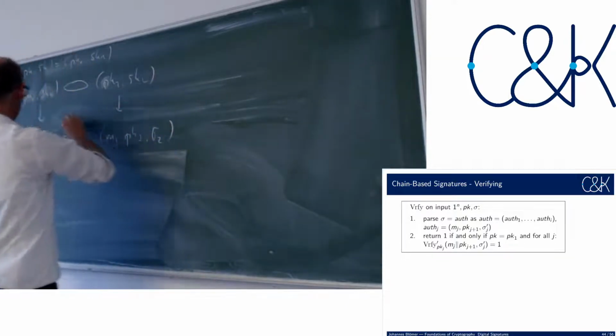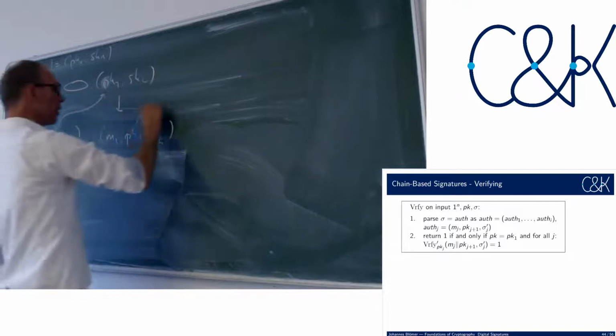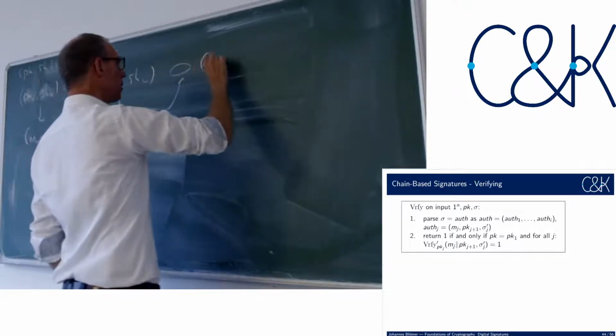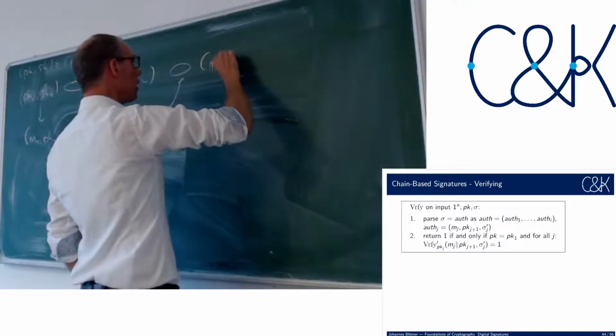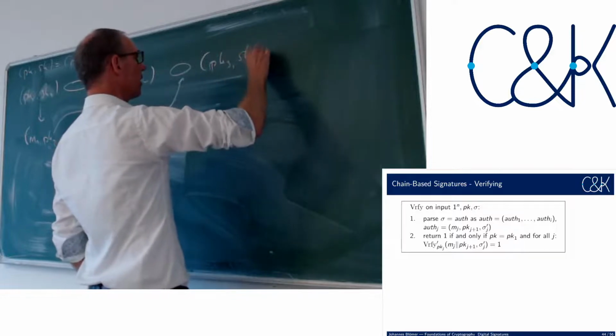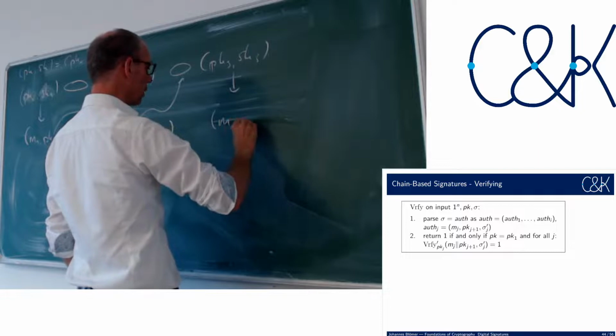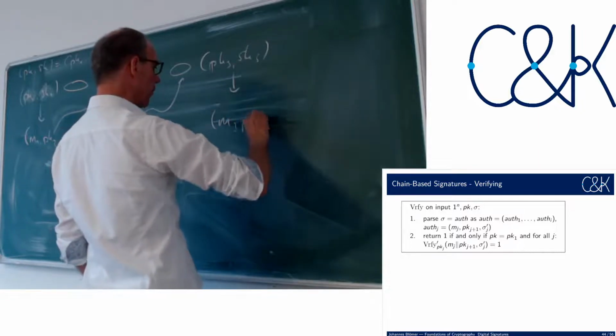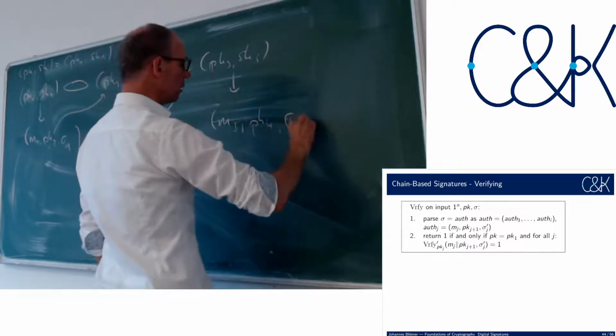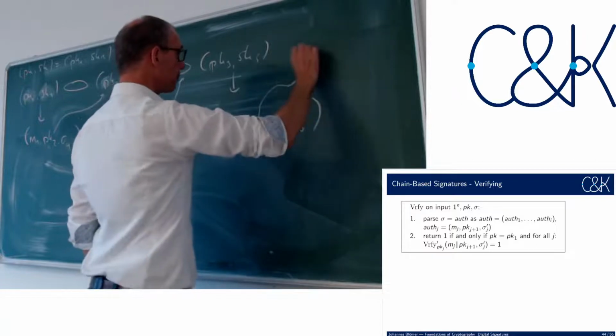And then you get PK3, SK3, and you use that to do M3, PK4, sigma, and so on.